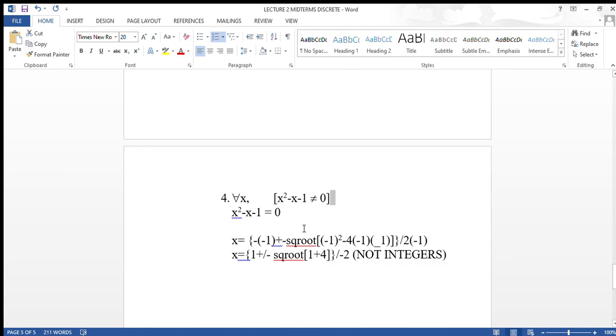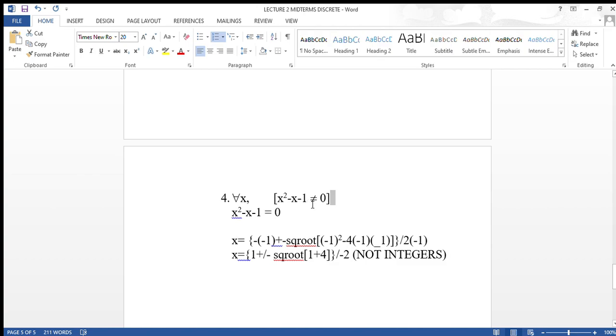So, what do we have here? Anong sinasabi? For all x, for all integers, so kahit anong integer ang ipasok natin dito, we have x squared minus x minus 1 will not be equal to 0.